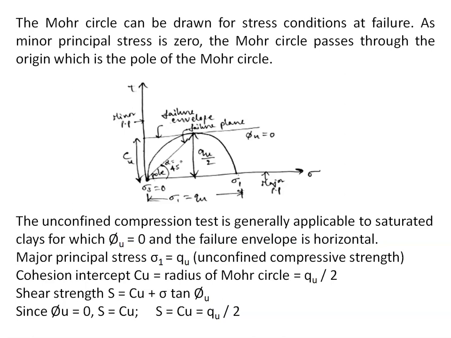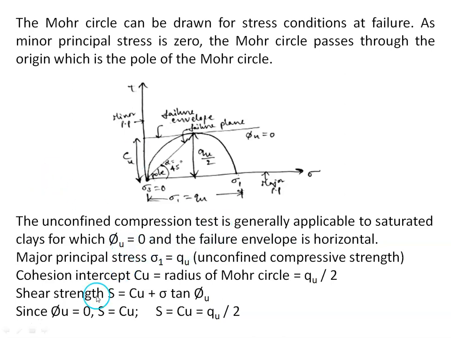If the water content reduces, then only the void ratio decreases. Here, because there is no reduction in the water content, there is no change in the void ratio. If there is no change in the void ratio, there will not be any development of angle of friction between the particles. So the phi value is 0.